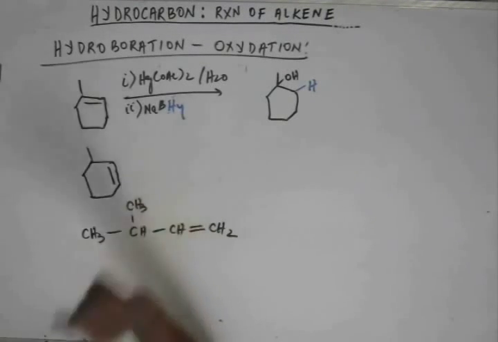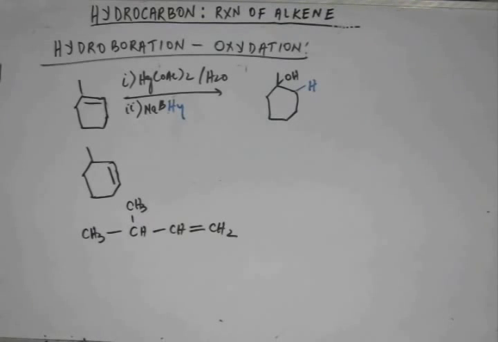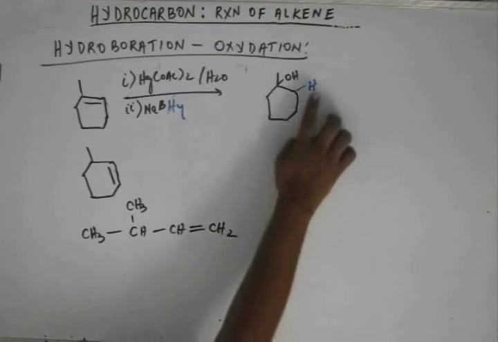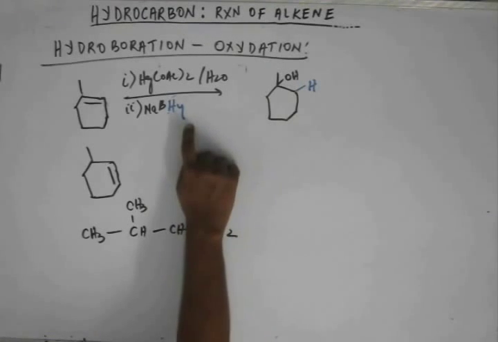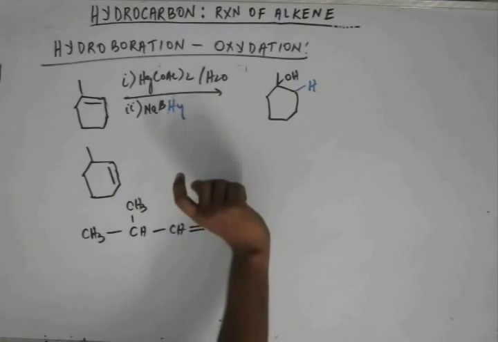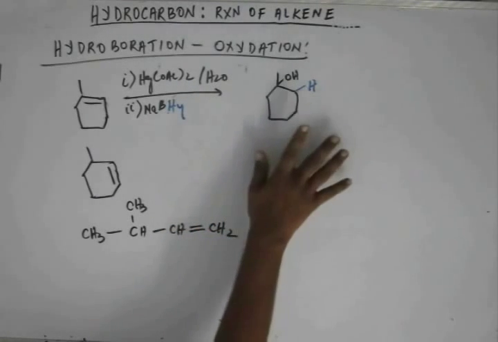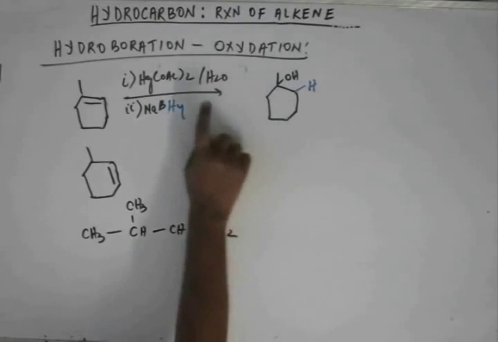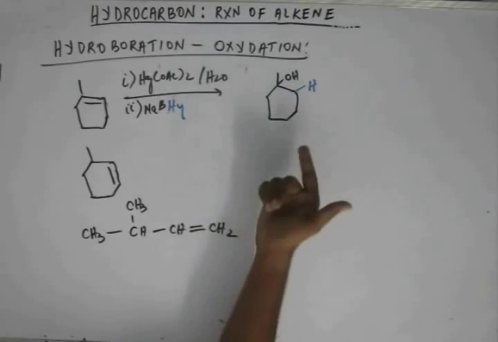Fine. So instead of hydrogen, if I take deuterium, an isotope of hydrogen, then instead of H here there would be D. Suppose I take D2O, then there will be no deuterium attached to the product, because hydrogen is not coming from water.